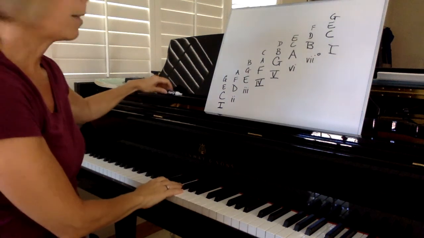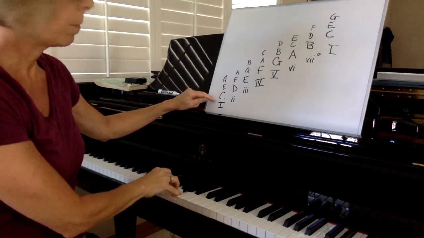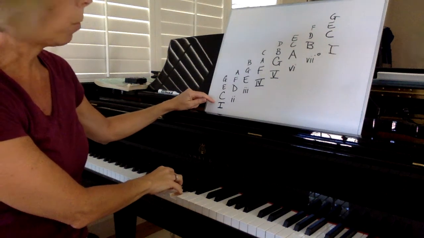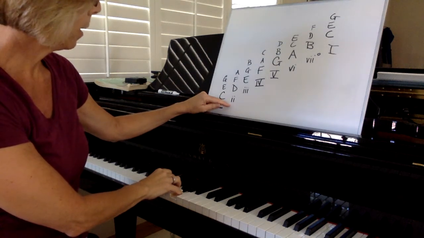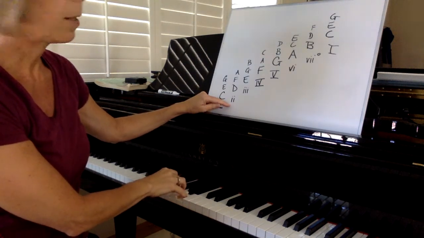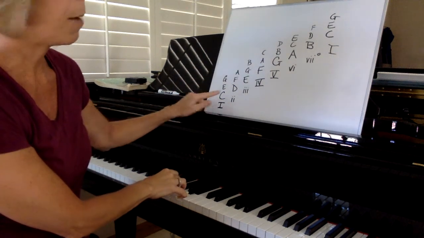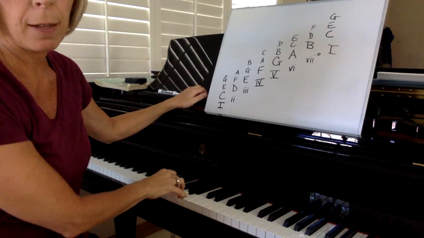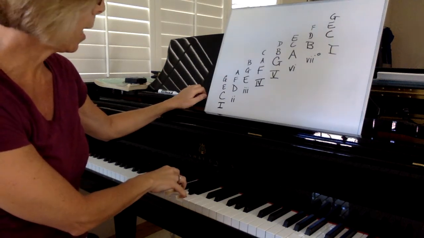So from the bottom, these are the triads of the scale. The tonic triad, major, 1 chord. 2 chord, also known as supertonic, is always a minor triad. And I'm talking, these are all within a major scale, any major scale. So it's a major tonic, a minor supertonic.